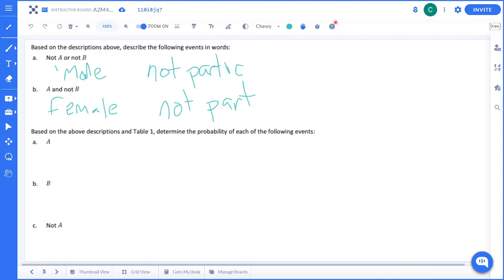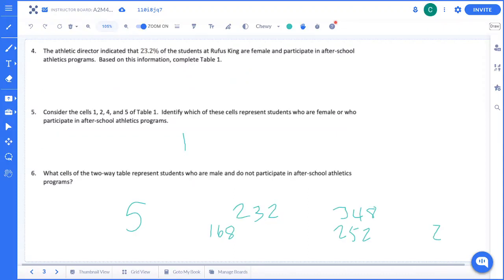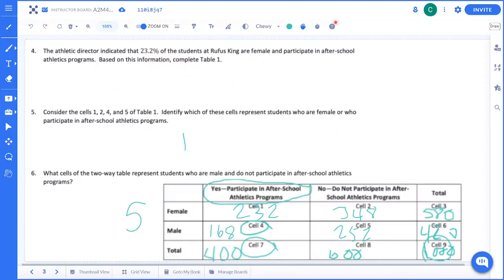Female not participating. So based on the above description in table 1, determine the probability of each of the following events. So A, if we go back to our chart here that we now have filled out, okay, let me go ahead and create the screenshot and carry it over so we have it.